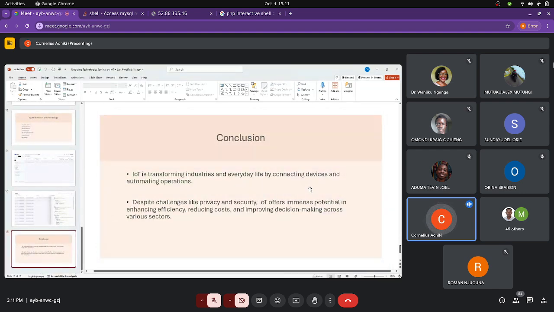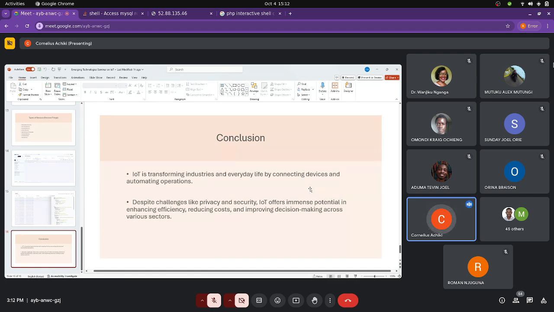Yes, and in conclusion for this session, it's just a way of telling you that IoT is able to transform your day-to-day lives, and the possibilities are endless. You can do anything that you want because we have billions and billions of devices. We have enough resources to handle that amount of devices.